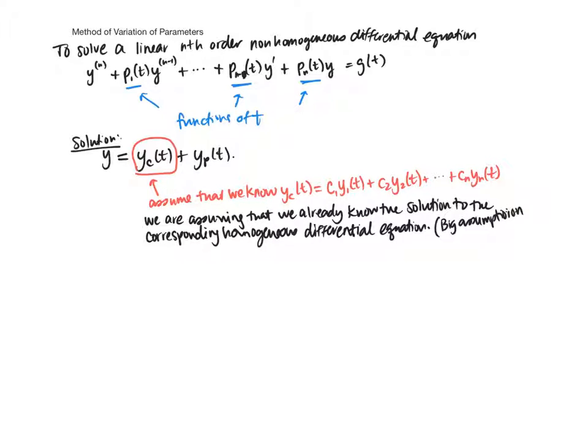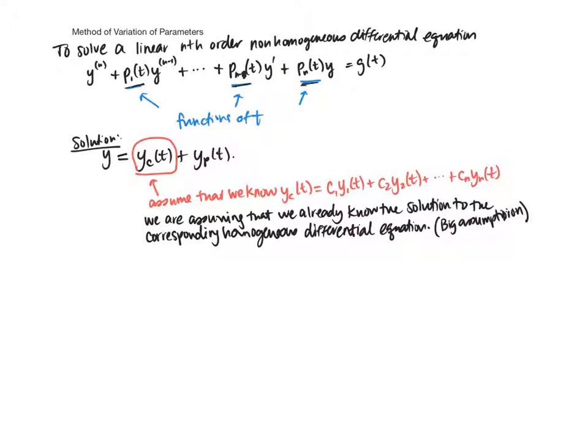Anyway, this is a big assumption because these yj's can be really, really hard to find when these functions of t in our original differential equation are not constants. It's really hard to find a solution. Anyway, we're going to start from assuming that we already know yc of t, and we're going to be able to use the solution that we have for yc of t to find the particular part of the solution.